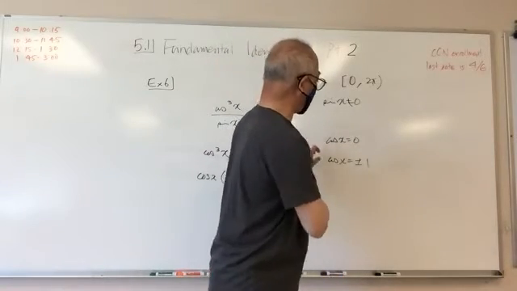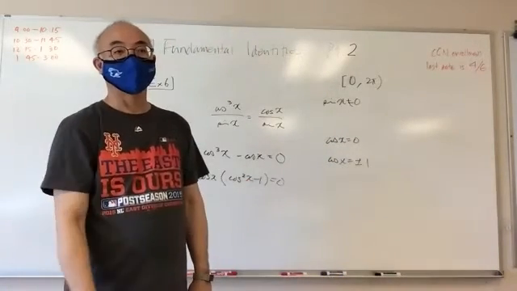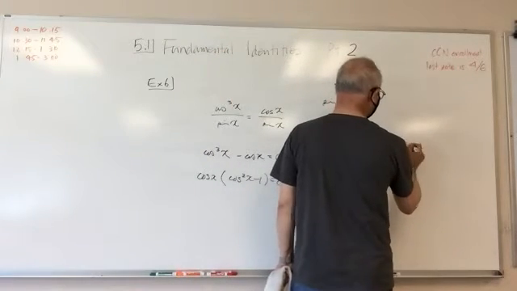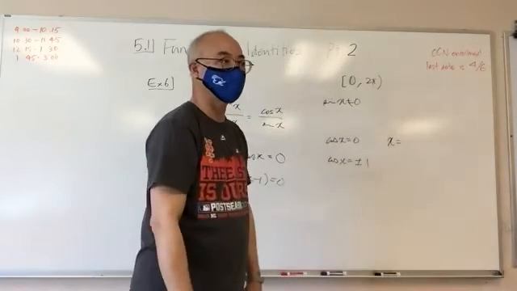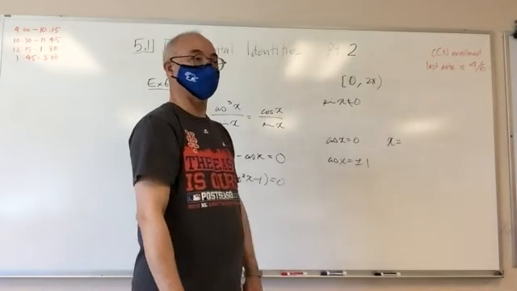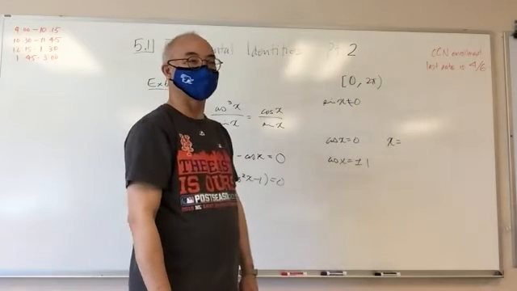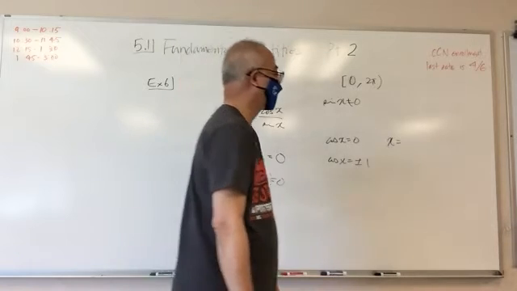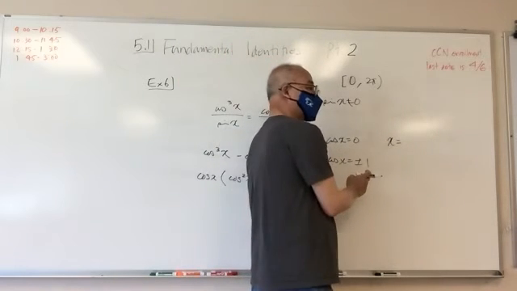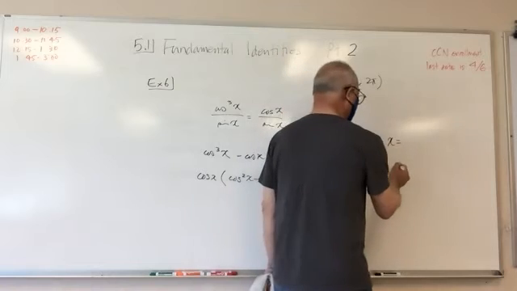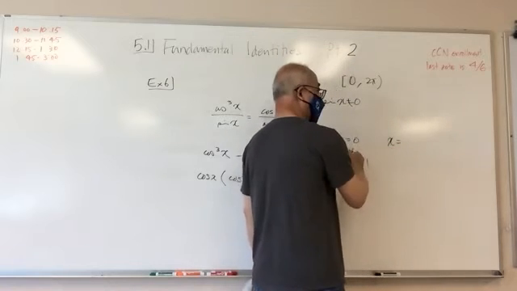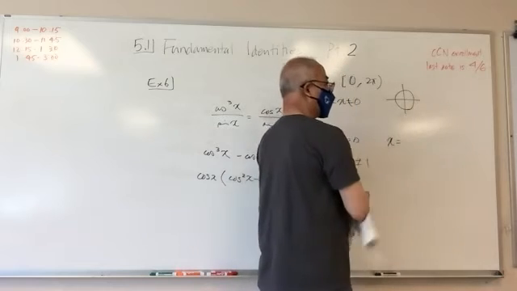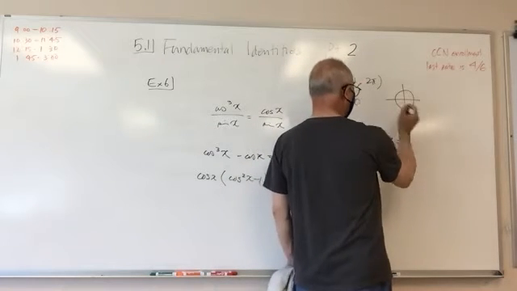Okay, so at what point do these happen? Because any of these can work for me. When is cosine x equal to 0? When x is equal to pi over 2. Cosine x is equal to 1, okay, let's do this one first. x equal to 0. So cosine x is the x value on the unit circle.